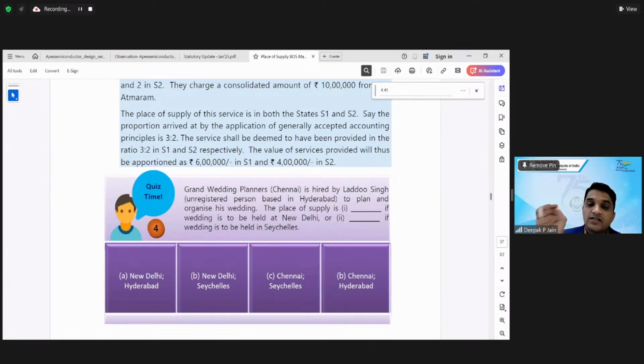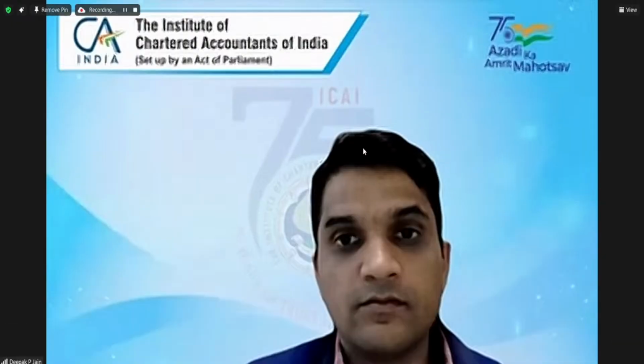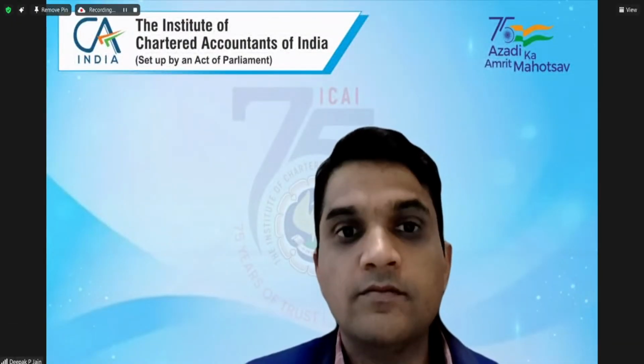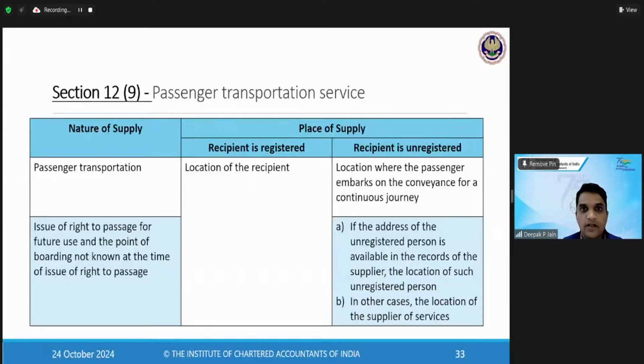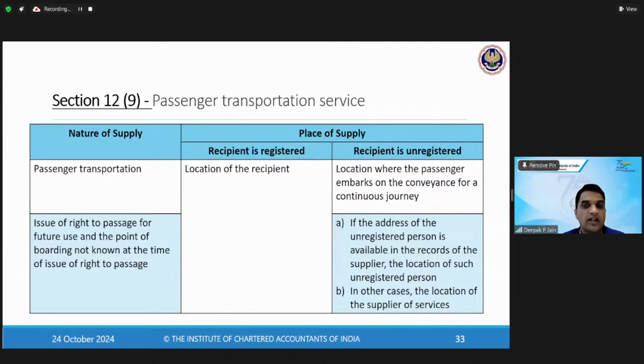But 12.9 is simply for the ticket, what will be the place of supply. Clear, Tambeshwari? 12.9 and 12.10. 12.9 is connected to passenger transport service, and 12.10 is not in respect of goods.